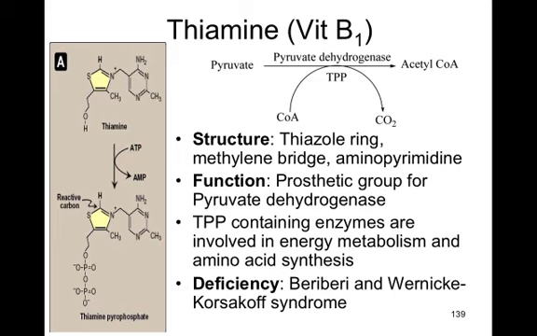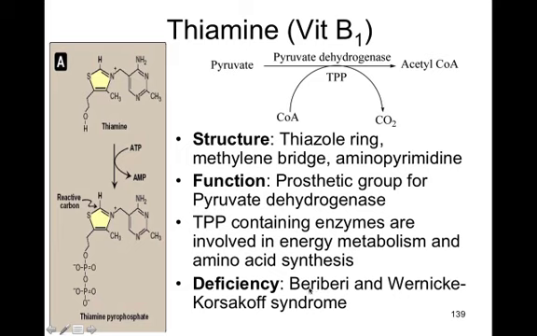Its main function is to deliver the acetyl group of the acetyl CoA to the citric acid cycle to be utilized for energy metabolism. Additionally, acetyl CoA is also extremely important in amino acid synthesis, as it can donate its carbon atom towards the synthesis of certain amino acids like valine, leucine, and isoleucine.